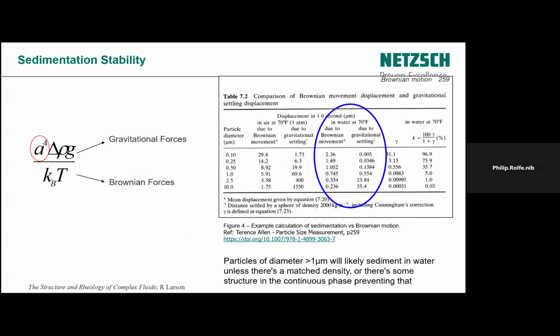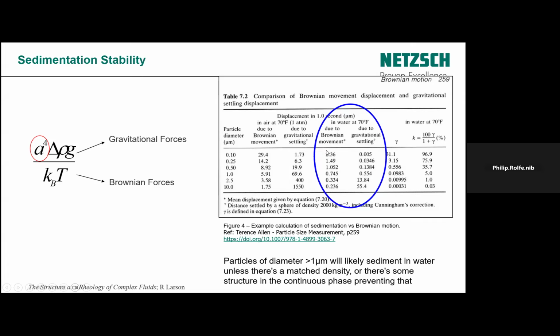And this is on the right here, an excerpt from Terence Allen's great book, Particle Size Measurement, where he actually does a calculation of how many microns per second the particles would move if they're different diameters. And you can see here, if it's a 0.1 micron particle, it's moving 2.36 microns per second just by Brownian motion, and 5 nanometers per second by gravitational settling.